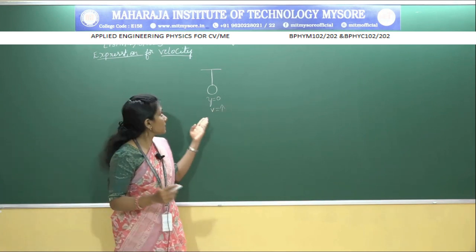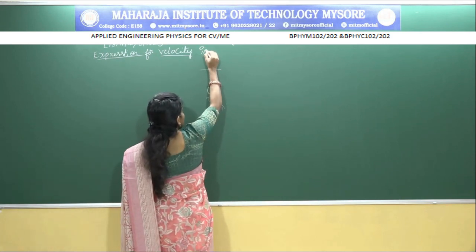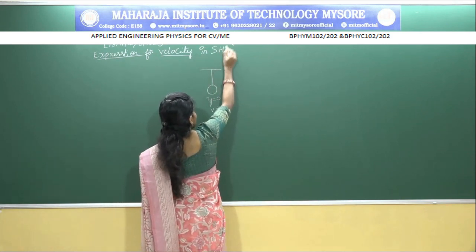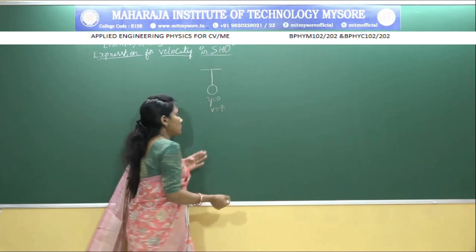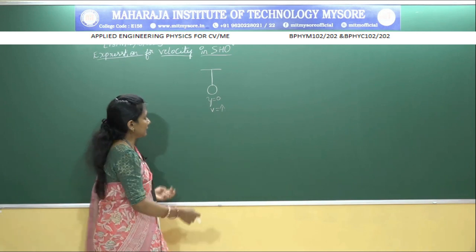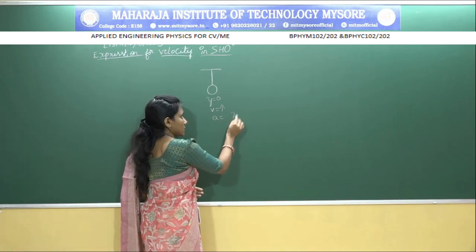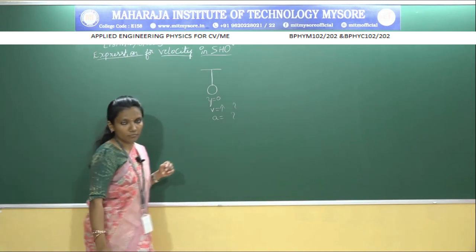So, in this case of a simple harmonic oscillator, what is the expression for the velocity? And next we have to find out what the acceleration is for this case.